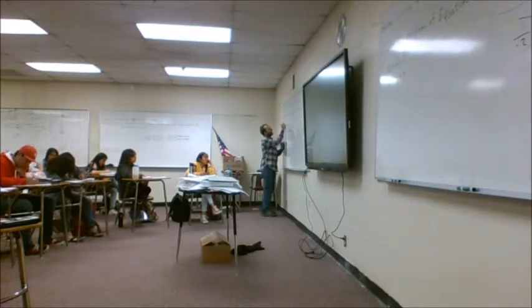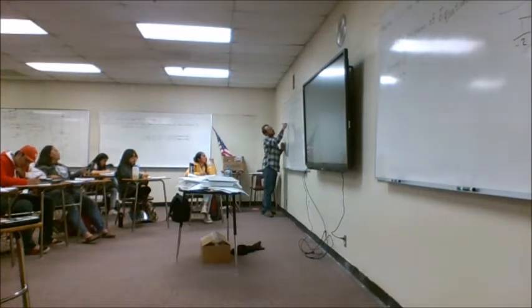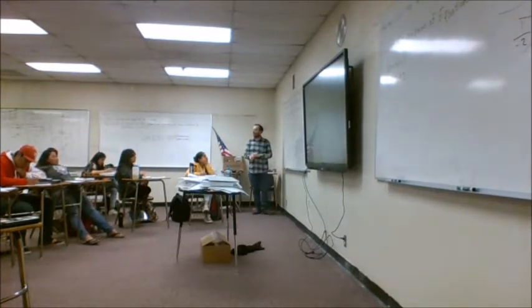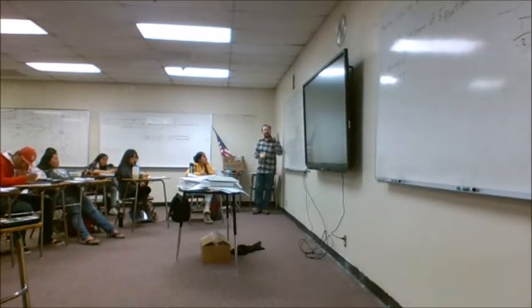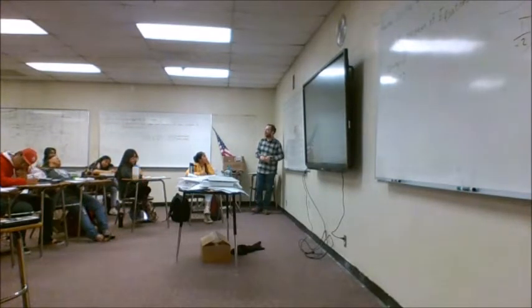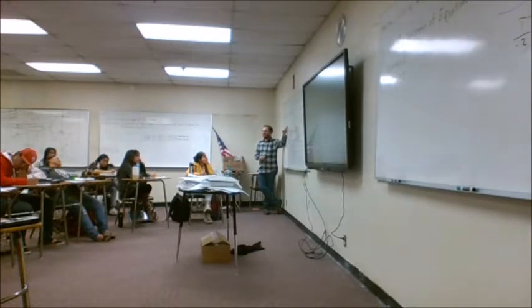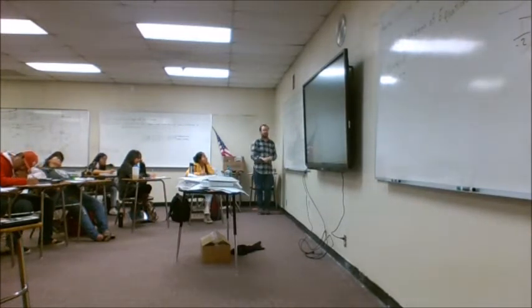Let's say I have f of x equals x squared times 2x. Is this a composite function? No, it's just a function. There are no functions hanging out inside of another function.